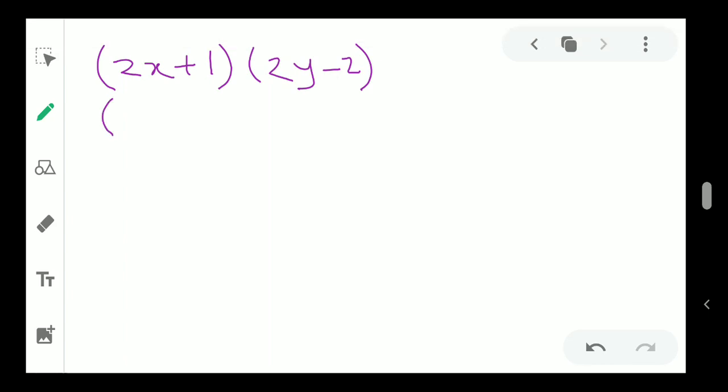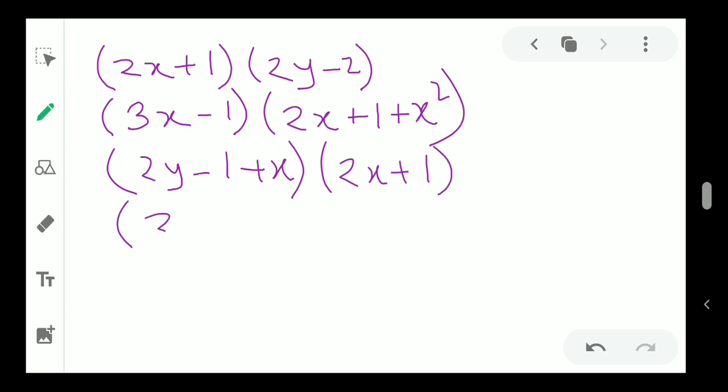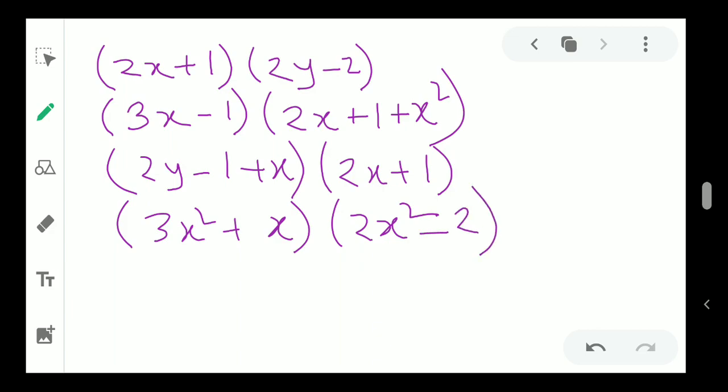Okay, next one is 3x minus 1, 2x plus 1 plus x square, 2y minus 1 plus x, 2x plus 1, 3x square plus x, 2x square minus 2, and the biggest one, that is your x square plus x plus 1, and you are going to get a very nice equation from it.